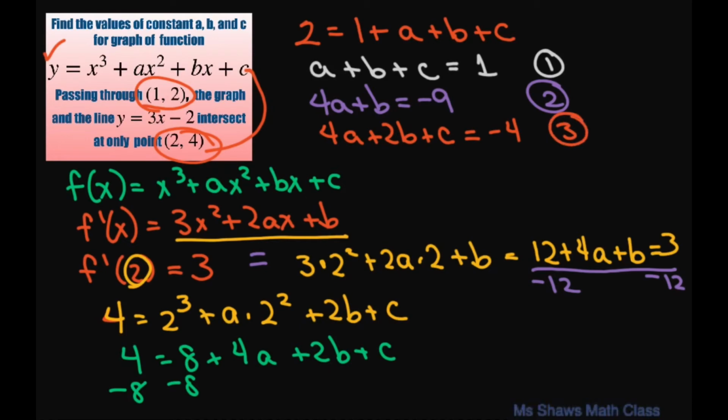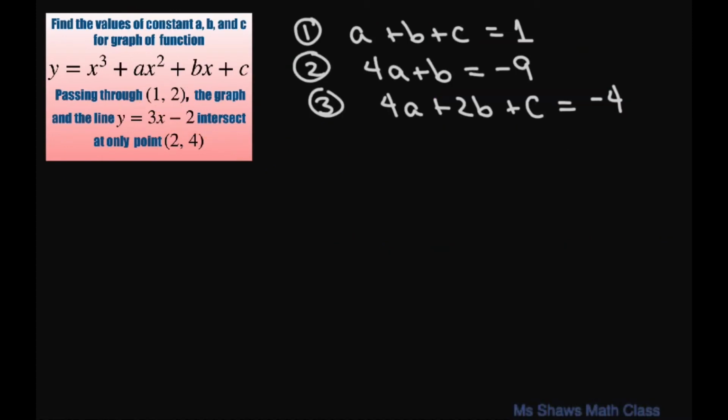Now I have simultaneous equations here, and I can solve. The first thing I'm going to do is subtract equation 1 from equation 3, because that's going to eliminate my c.